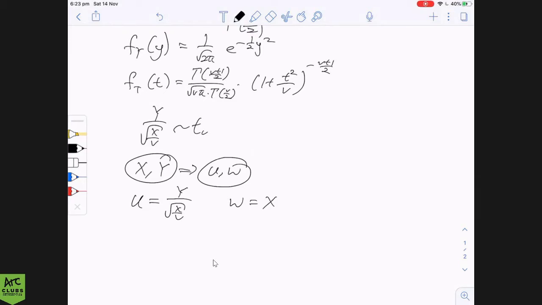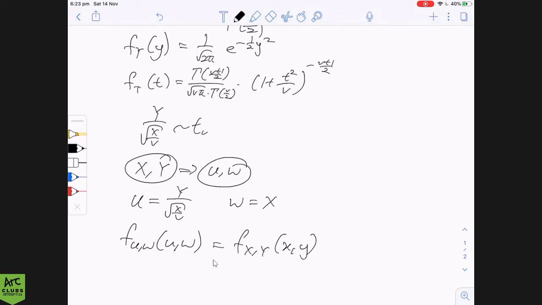And then after this, we will apply the bivariate transform formula, which is something like this.